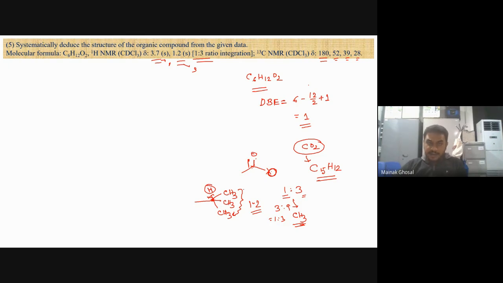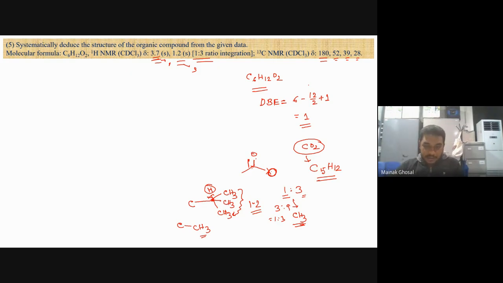Now the problem is, both of them are singlets. That means they are connected to some carbon which possesses no hydrogen, or some heteroatom which possesses no hydrogen. If this is the methyl, then that 3.7 singlet cannot be present if it is attached to some carbon.